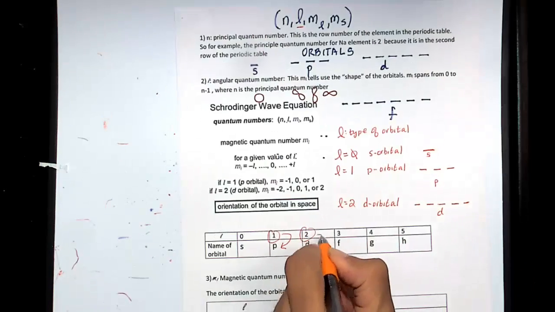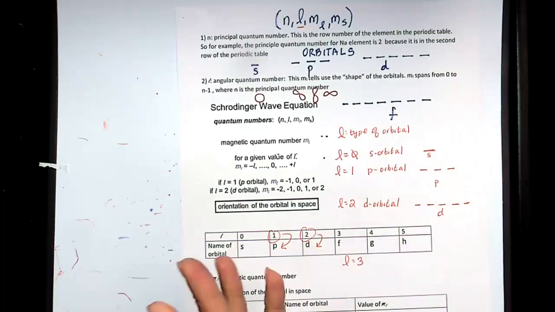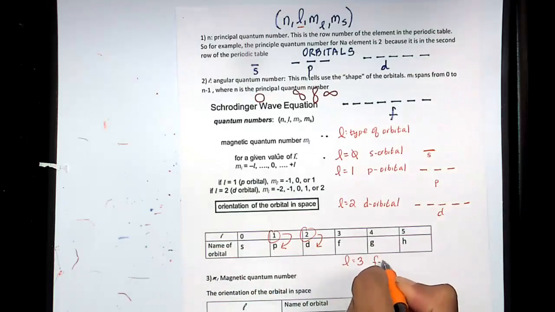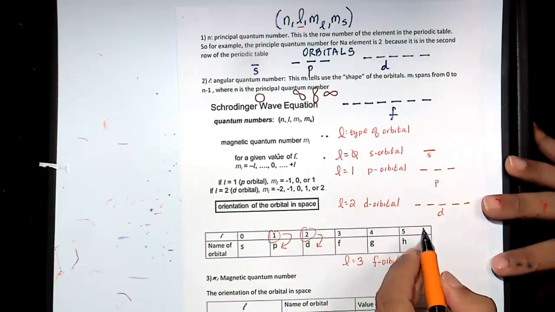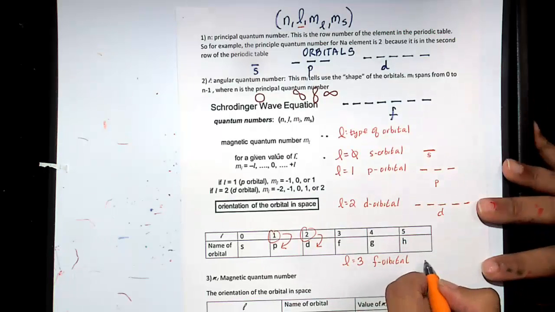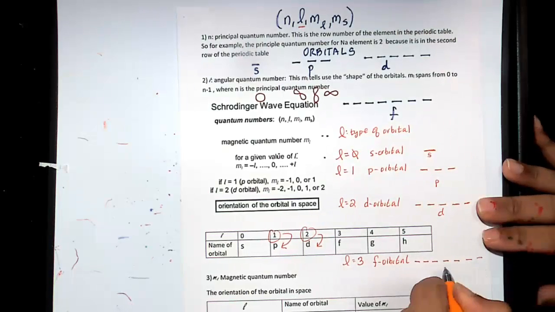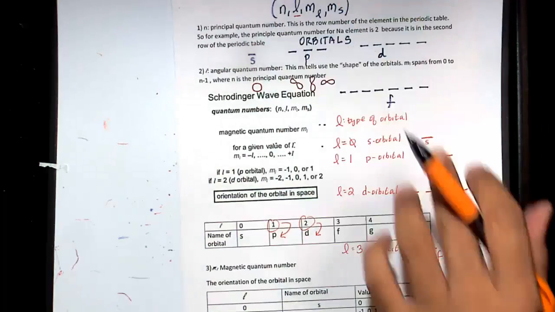Again, you just have to memorize this. And not on your test, but if l equals 3, we're talking about an f orbital. The electrons have 7 slots to go in, 1, 2, 3, 4, 5, 6, 7. So that is our second number, l.